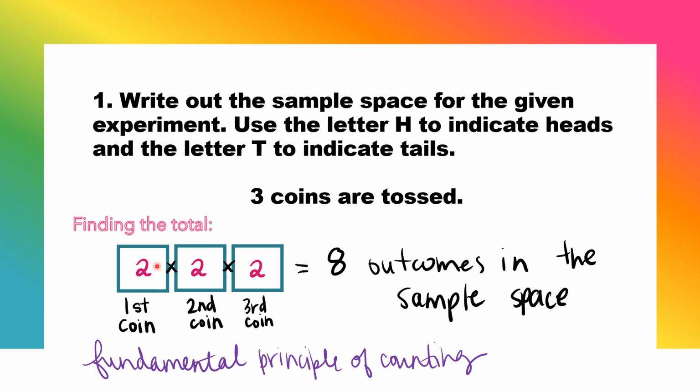You can just think of each step in your experiment as a box, and then in that box you put the total number of outcomes for that step in the experiment, and then you multiply those values together to find the total number of outcomes in the sample space.